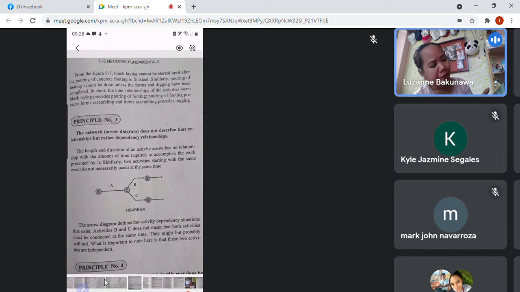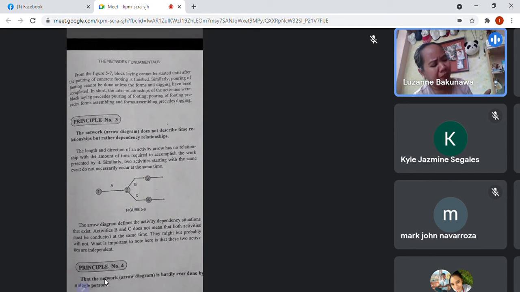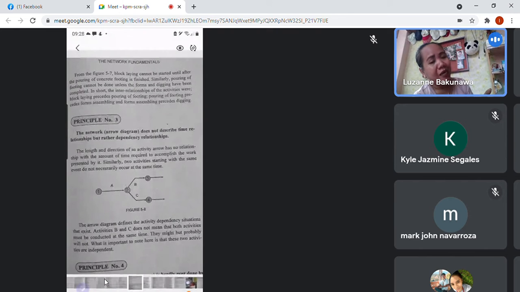B cannot be said to require C. They can be done simultaneously, but B is not dependent on C, and C is not dependent on B. They split into different paths, but of course their ending is the same, to finish the project.